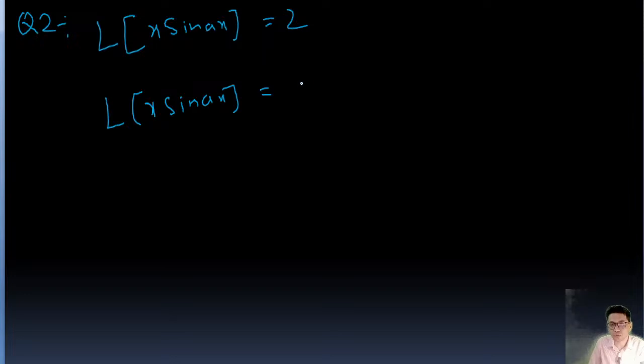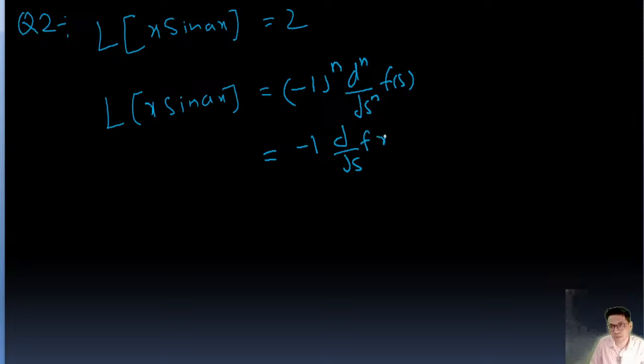Because we know this formula, minus 1 to the power n d n upon ds n of Fs, this is for x to the power n. So here x to the power is 1, so it is going to be minus d over ds of Fs.